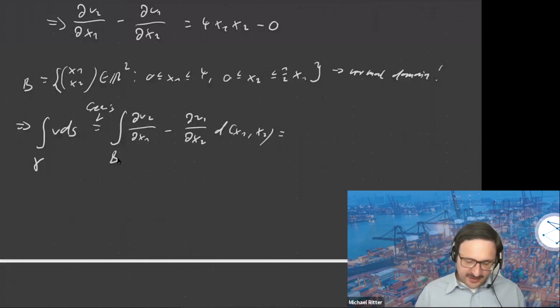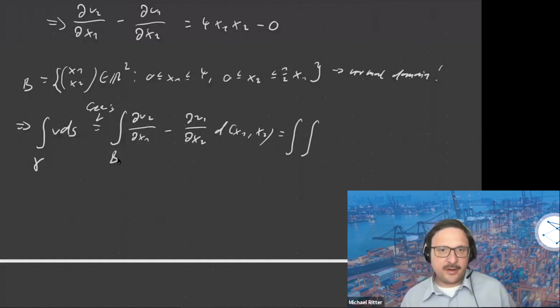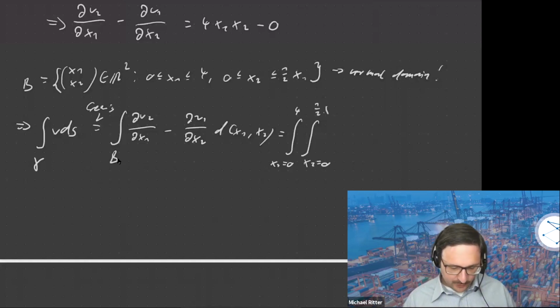Now we have computed that expression here, and we have the representation of B, so we can write this as a double integral. The outer integral needs to go over x1 because that is bound by two constants. So we need to integrate from 0 to 4 for x1. And for x2, we need to integrate from 0 to 1/2 x1. And the expression inside the integral is 4x1 x2 dx2 dx1.